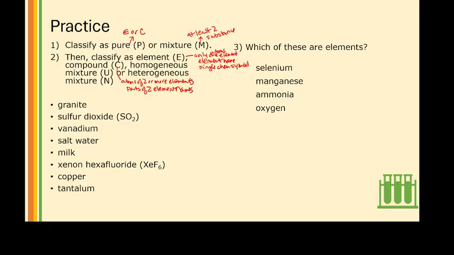But for now, I know that it will have pieces of element names, or the two exceptions that are common names that I asked you to memorize: water and ammonia. And then the chemical formulas will have at least two symbols in the chemical formula.